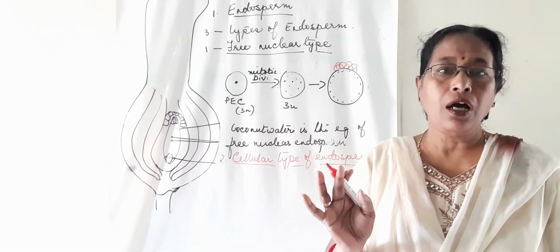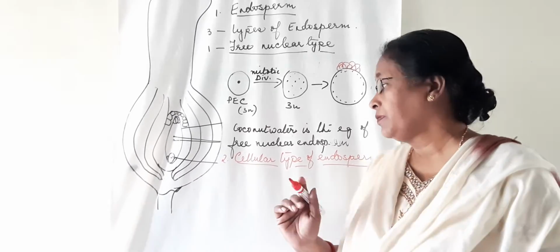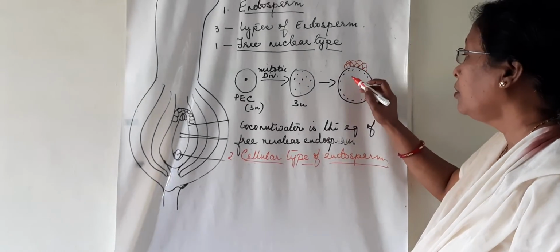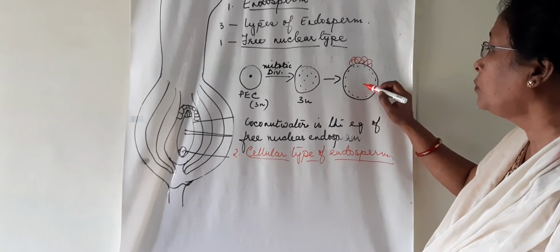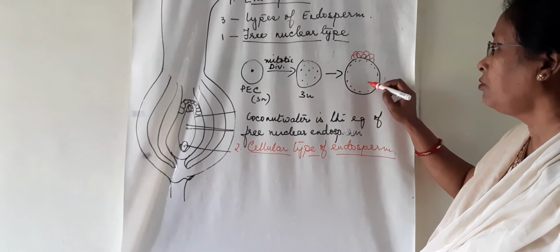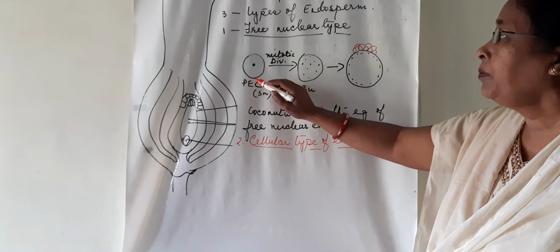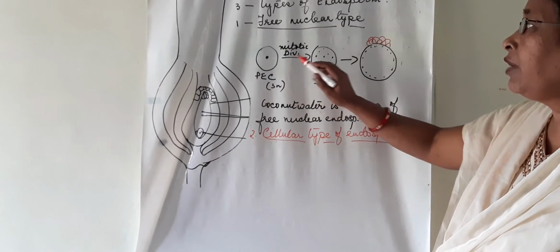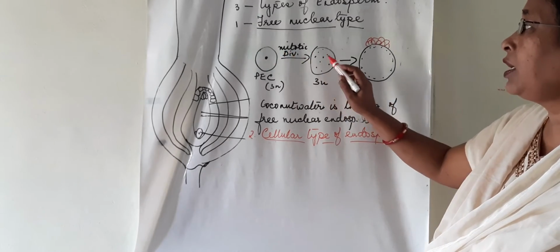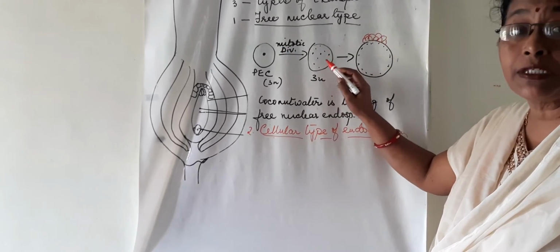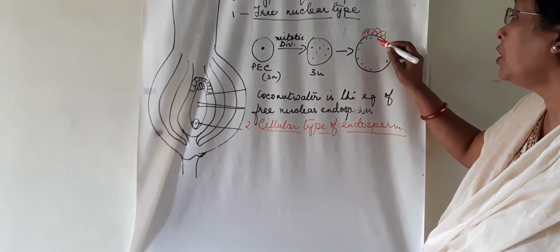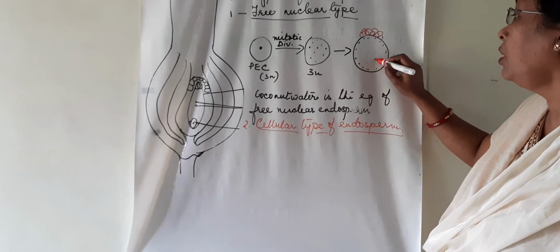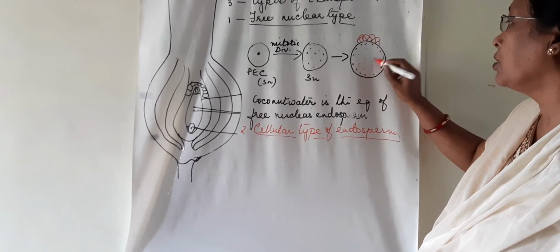Now let's see how coconut is formed. The free nuclear endosperm gives rise to the watery portion. That means the PEC, that is the primary endospermic cell, divides mitotically. The nucleus divides mitotically and forms many nuclei, which give rise to the watery portion of the coconut.